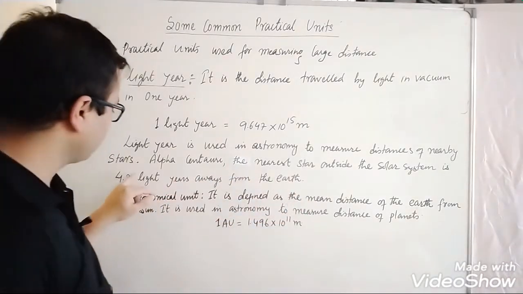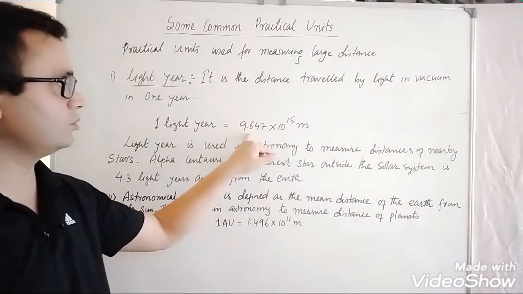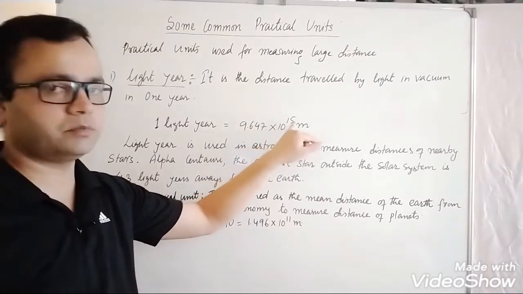We can calculate this in meters also. We know that 1 light year equals 9.647 into 10 power 15 meter.